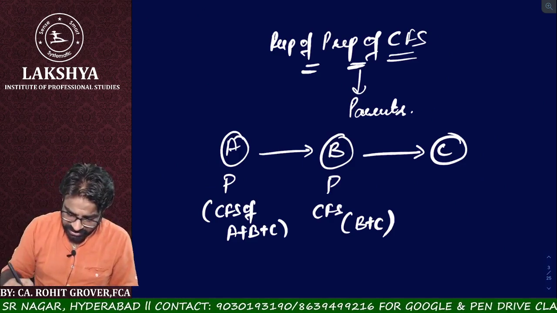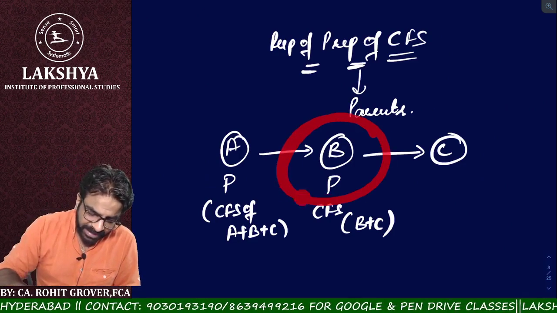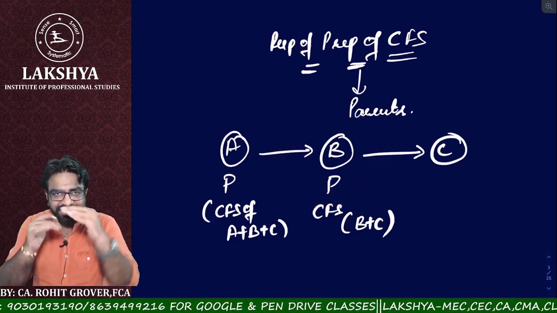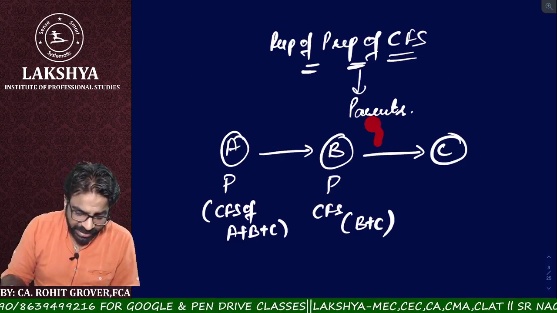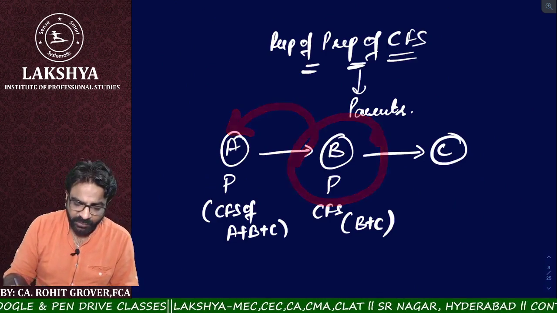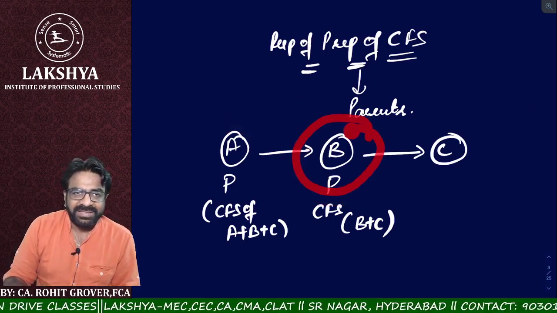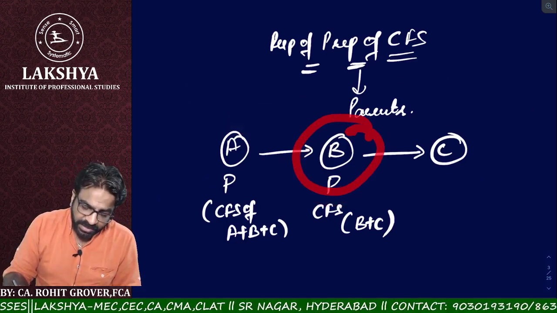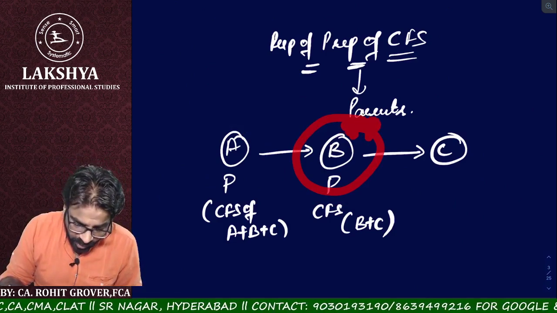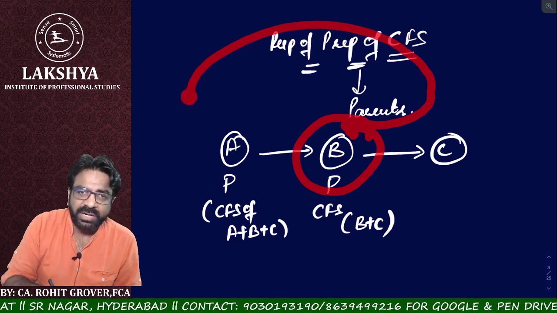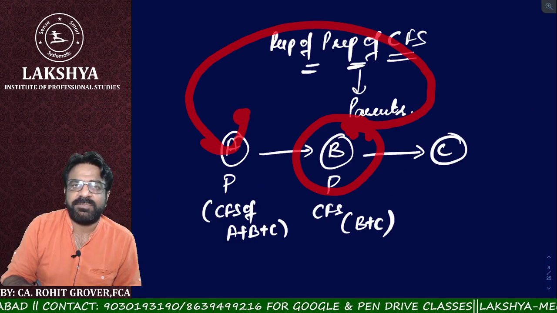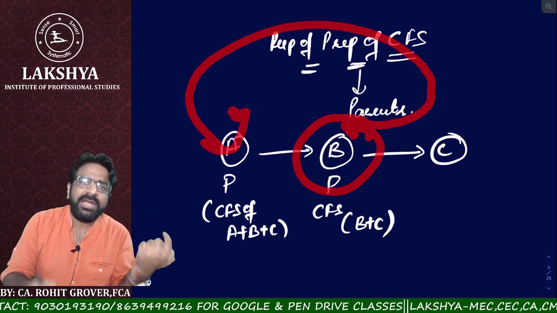Now tell me, in the whole transaction, who is an intermediary parent? B is an intermediary parent. Is it a parent of C or not? And is it in the center or not? So yes, if you are an intermediary parent, or you can say an intermediate wholly owned subsidiary, then in that case consolidation exemption will be provided, and you need not prepare the consolidated financial statements, because now the consolidated financial statement preparation is a prime responsibility of your immediate parent.